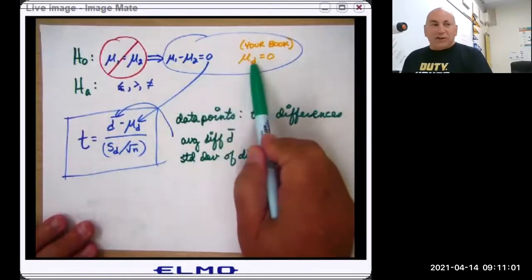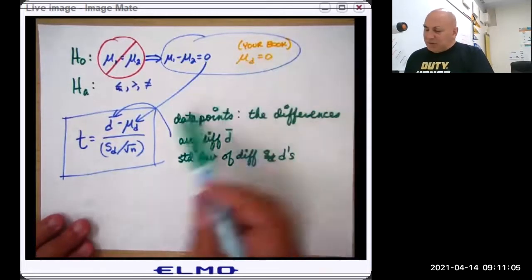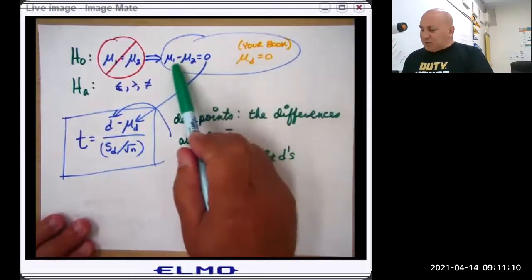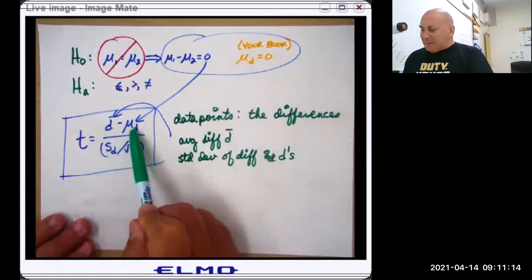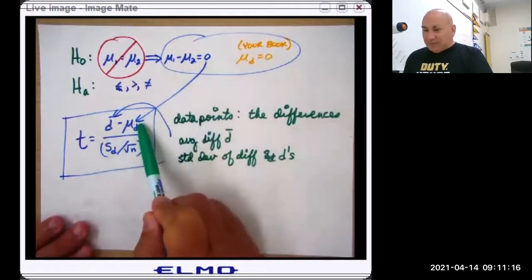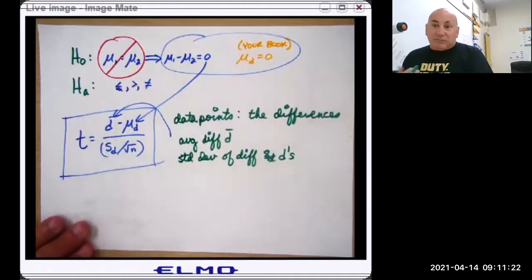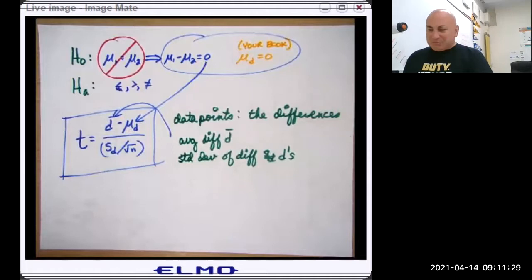The current book we're using as I make this video says mu sub D, but you could still do it this way. Either way, it's still the average difference minus a hypothesized difference divided by S over root N. Well, S in this case is the standard dev of those N, or 10 in this example, differences divided by square root of N.